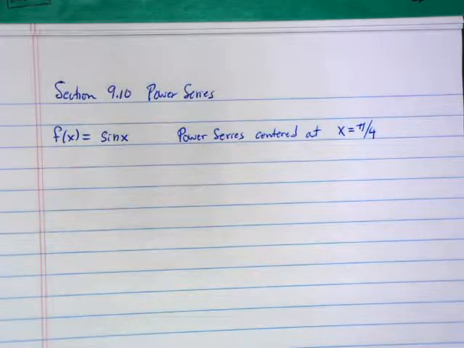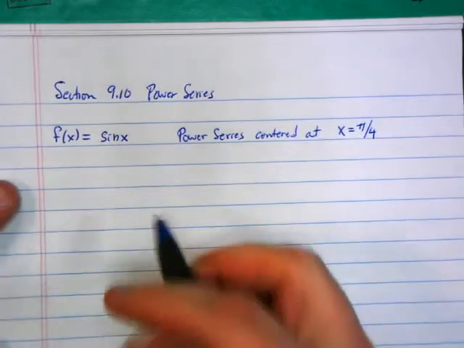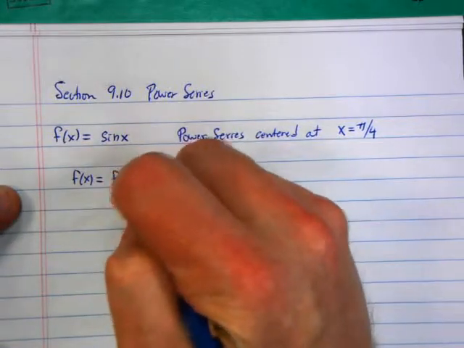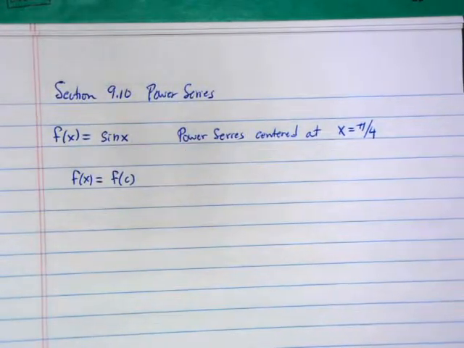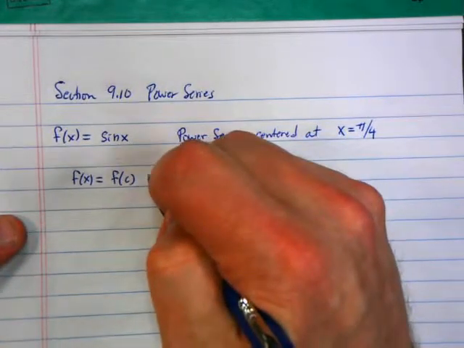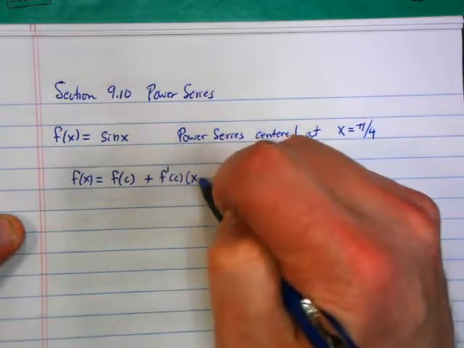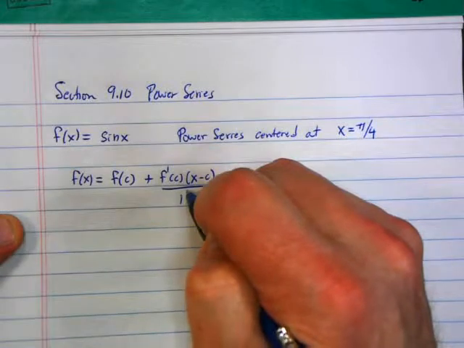F of 0 plus f prime of 0 times x minus c, f prime of 0 over n factorial. Okay, so you're giving me the power series centered at 0. In general, our power series is going to be f of x is f at c, where c could be any number. You were giving me 0, which would also be called the Maclaurin series, plus then we had f prime at c times x minus c divided by 1 factorial.